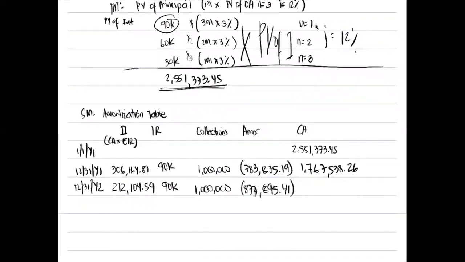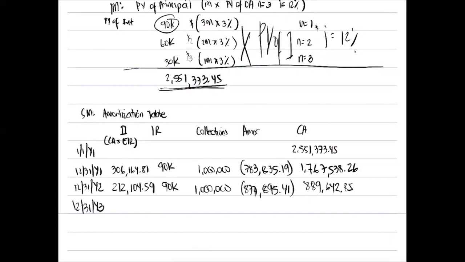So our carrying amount, therefore, is equal to 1,767,538.26 less 877,895.41. So we have here 889,642.85. Next, on December 31, year 3, the last year.